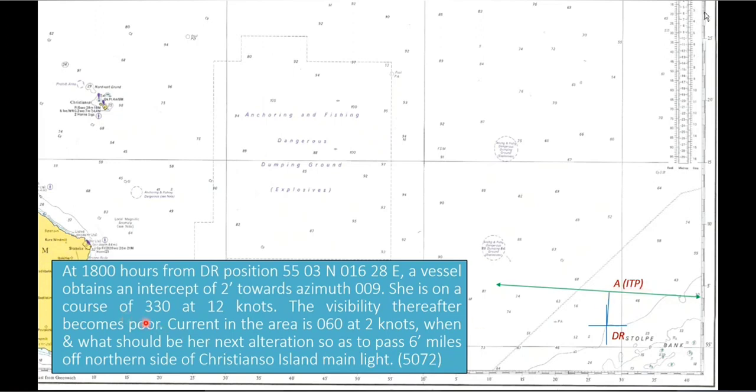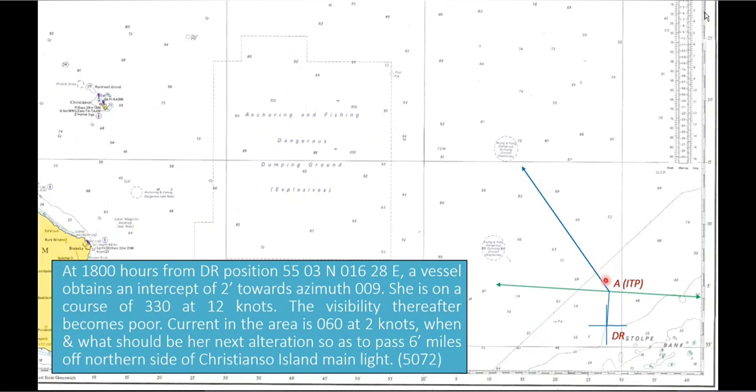Now, going further, we know that the vessel is steering a course of 330 and my engine speed is 12 knots. So let's plot the course steered, the engine speed and the CTS vector. From point A, I draw my CTS in a direction of 330 and we can make a triangle for 1 hour duration.